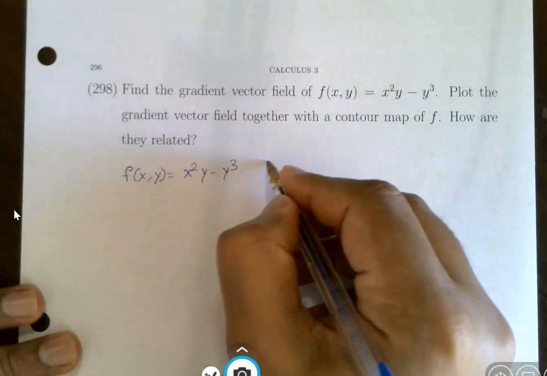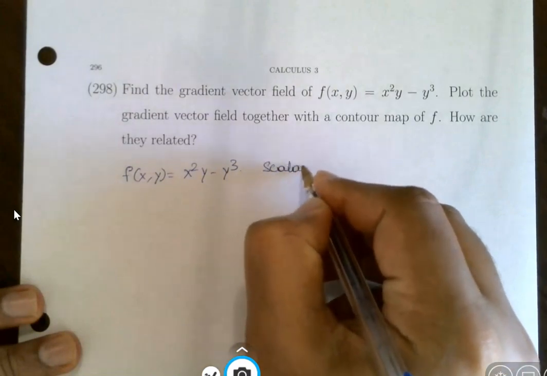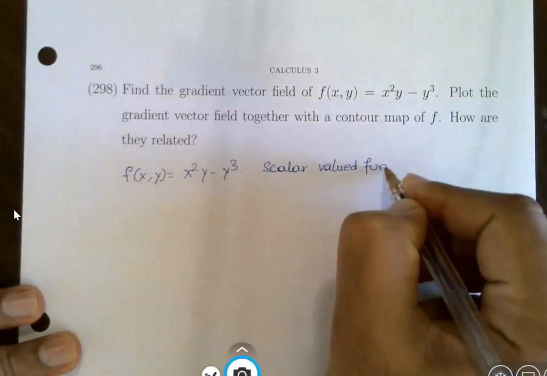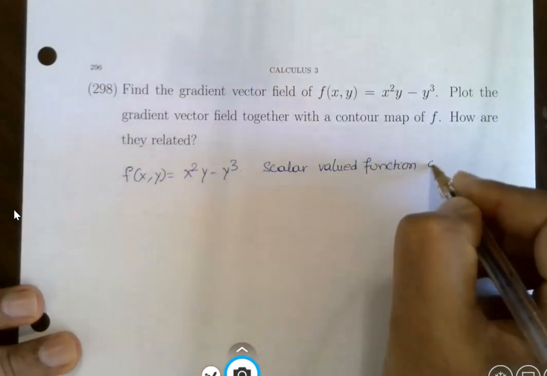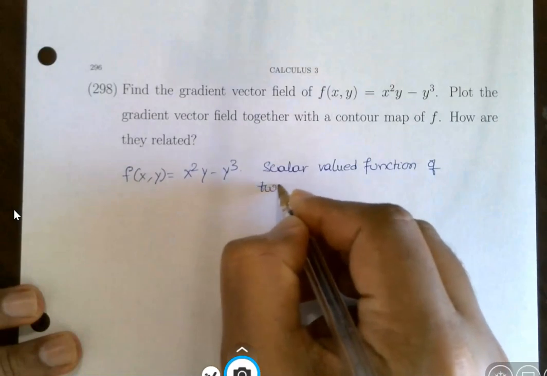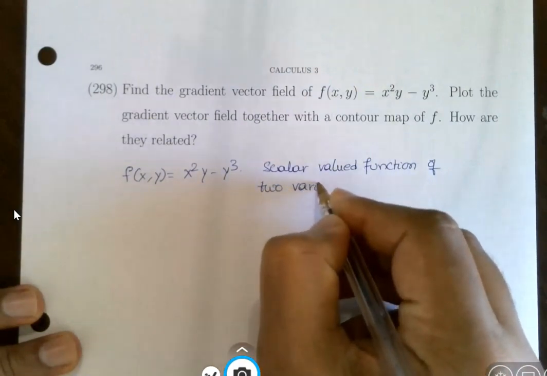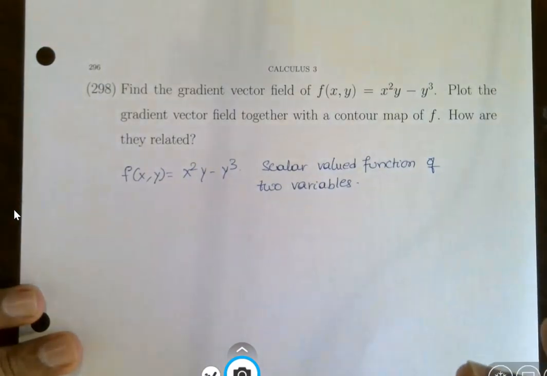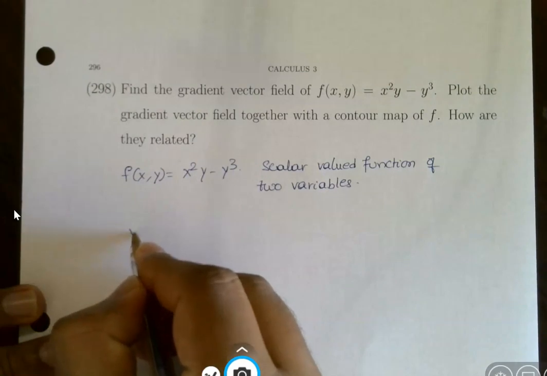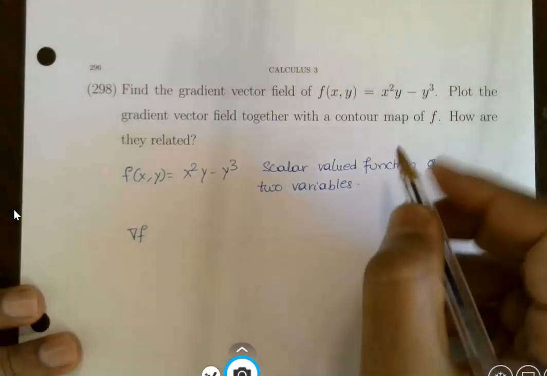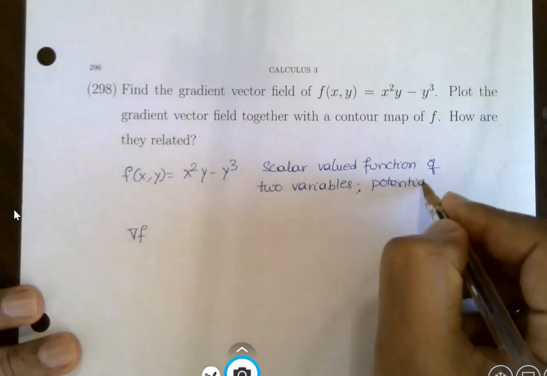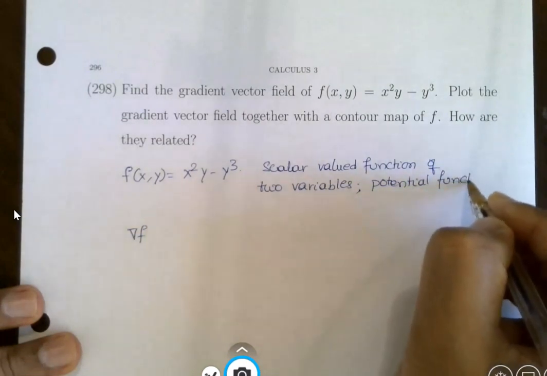This is a scalar valued function of 2 variables. Upon finding the gradient, you should get a 2-dimensional vector. This is also referred to as potential function. Remember that.